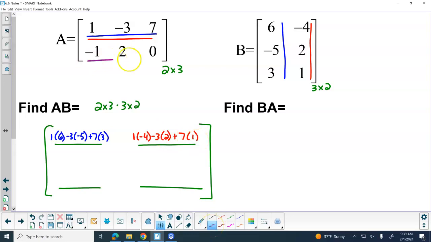Then the second row times the first column: negative 1 times 6 plus 2 times negative 5 plus 0 times 3. Then the second row times the second column: negative 1 times negative 4 plus 2 times 2 plus 0 times 1.